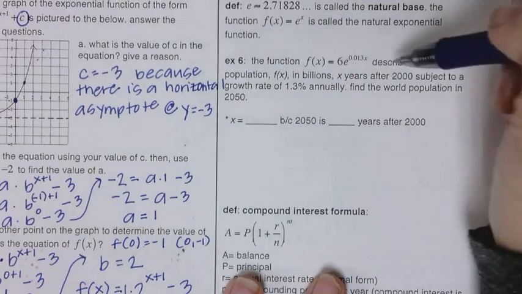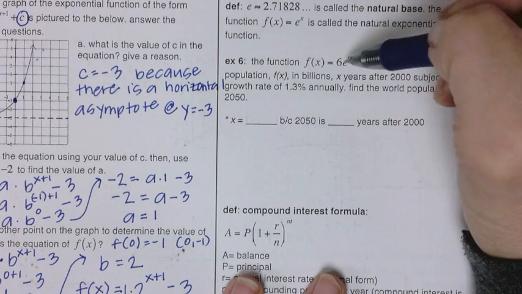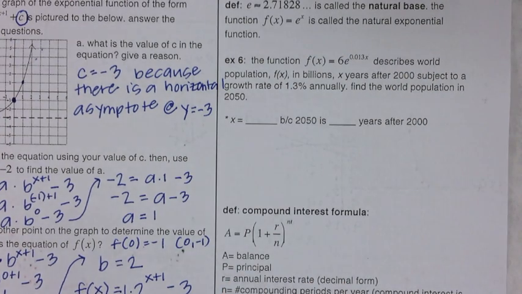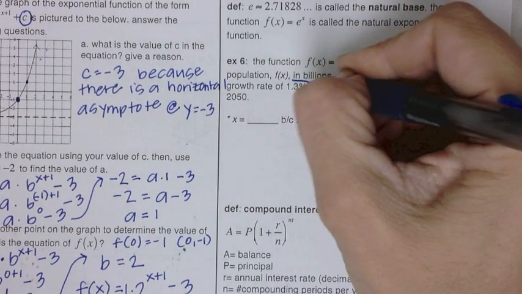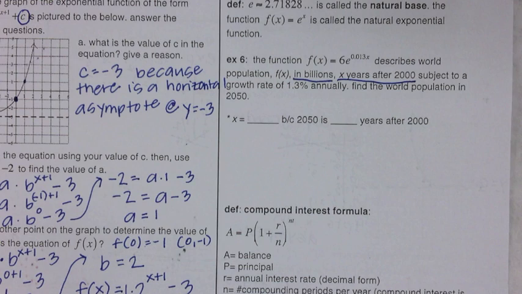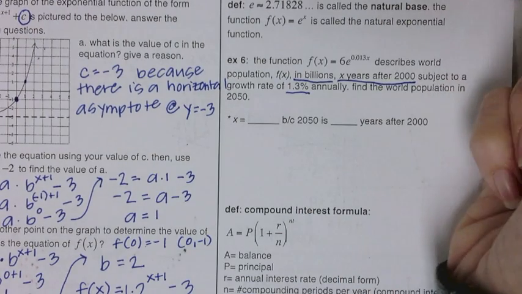So we're going to start with a pretty basic example. The function 6e^(0.013x) describes the world population in billions, x years after 2000, so it's super important to see what your variable is representing. It's not just the number of years, it's the number of years after 2000, subject to a 1.3% annual growth rate.